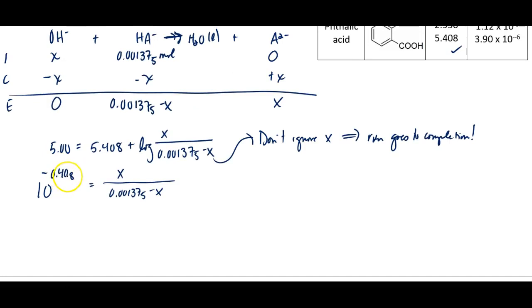And if I have 2 digits in the mantissa, when I take the antilog of this number, I'll need 2 sig figs. That's 0.391. I'm going to multiply both sides of the equation by this denominator here.